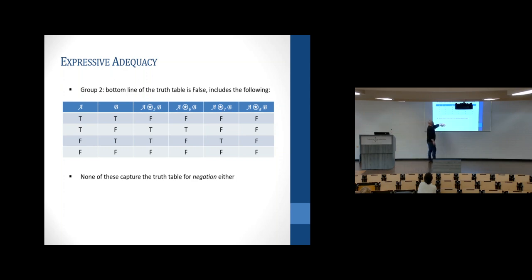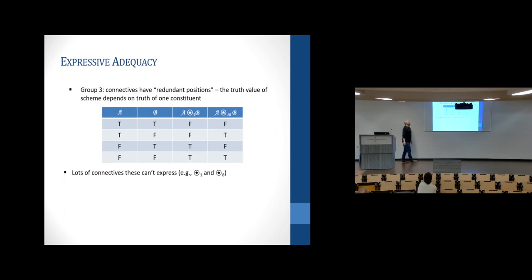So if we take these 8 and the 4 we started with, we don't have much left. We've got 4 left. And we can quickly knock out 2 more. We'll call them 9 star and 10 star. These ones have, if you like, redundant positions. Their truth values are determined entirely by one particular element, say.